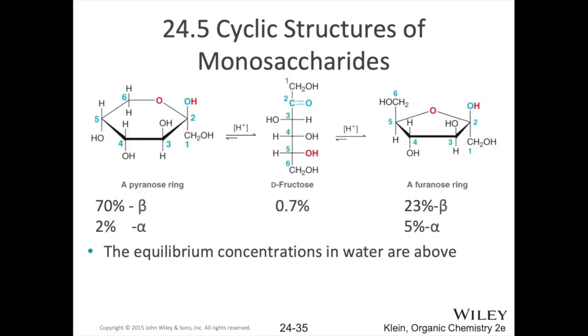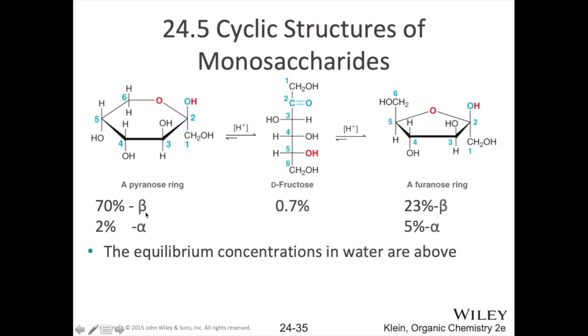I mentioned earlier with our examples of aldoses that the open form of our monosaccharide is typically not very stable in solution. We can see that again here with our ketose. We have a very small percentage of that. But please note that we have all the different forms of our ketose present in solution, and we're going to get different percentages of those.